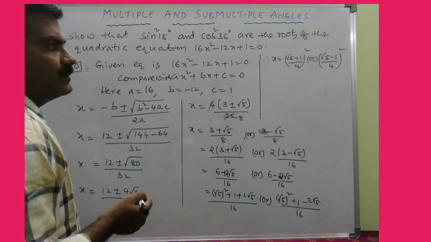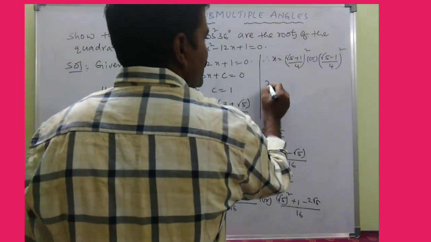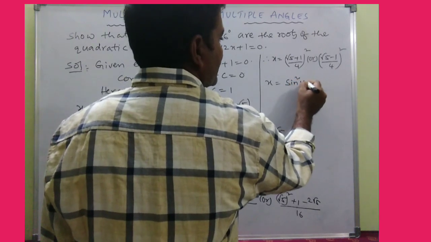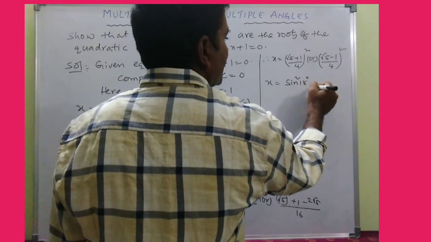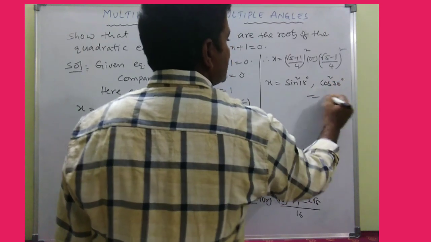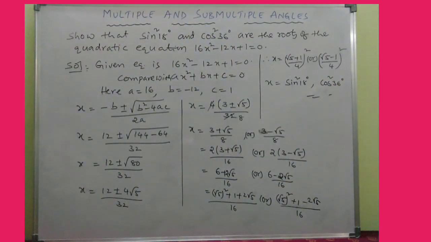Okay, so clearly one is the value of sine square 18 degrees and the other is the value of cos square 36 degrees. Hence the roots are sine square 18 and cos square 36.